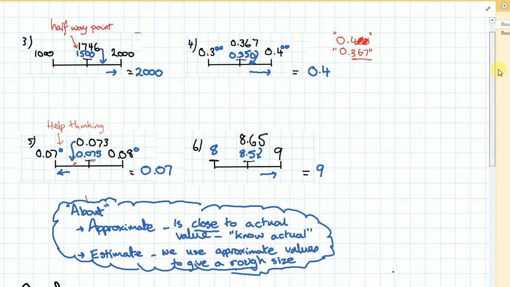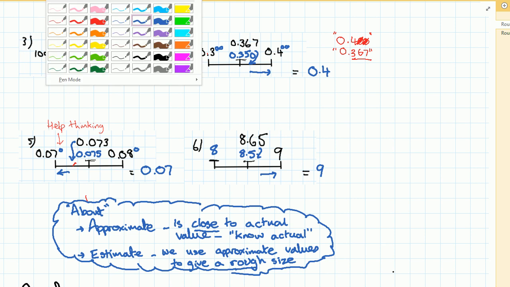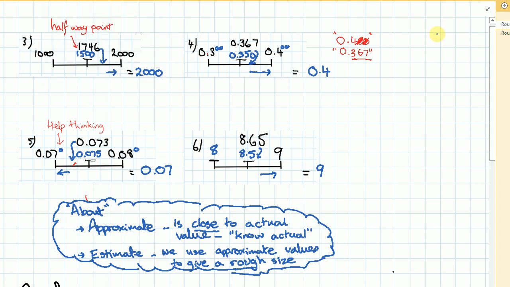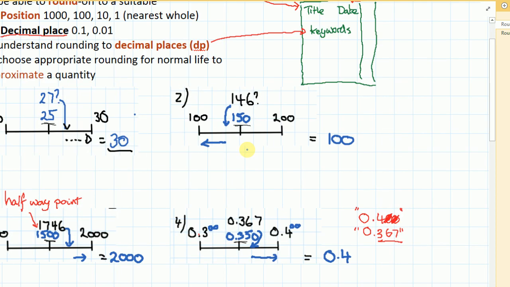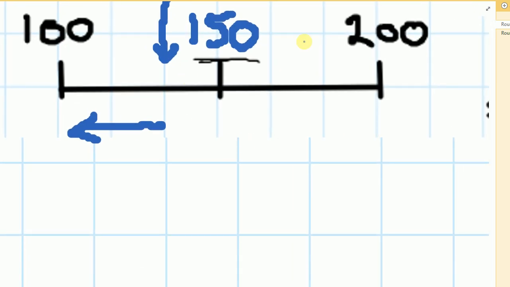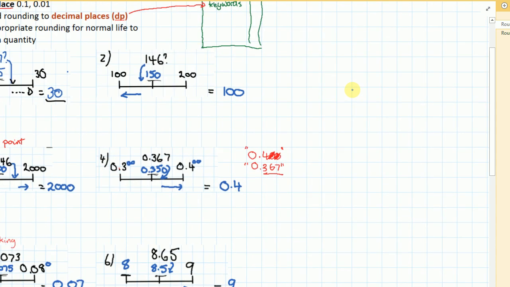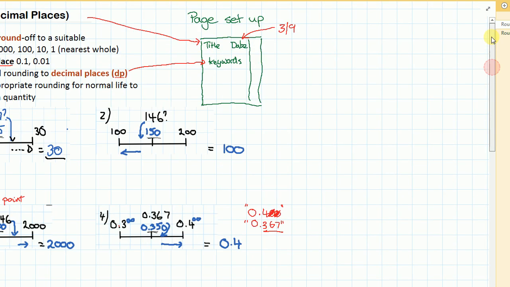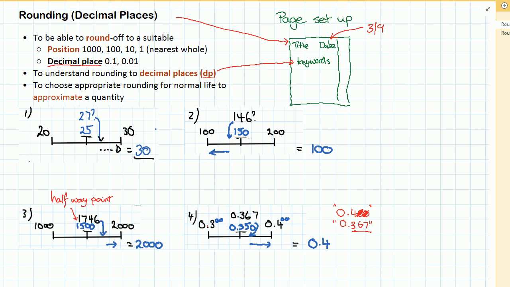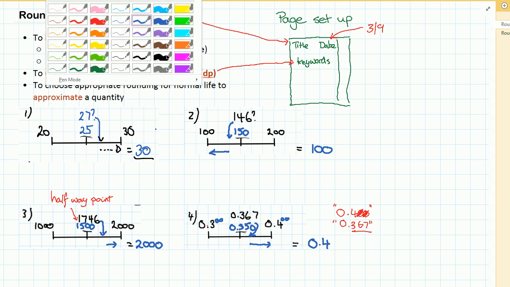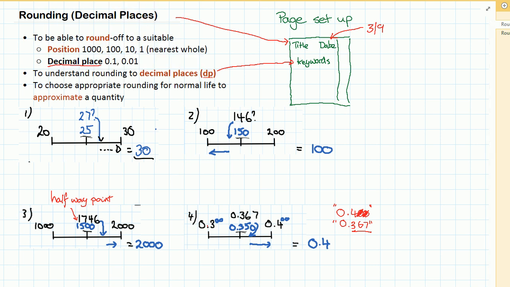Okay, we're going to go back and add the actual understanding for rounding decimal numbers to this. So you need to know what the terms are of the rounding we've just done. To add these comments, there's my blue.